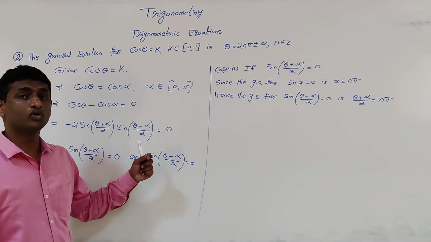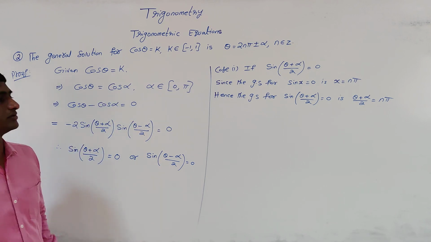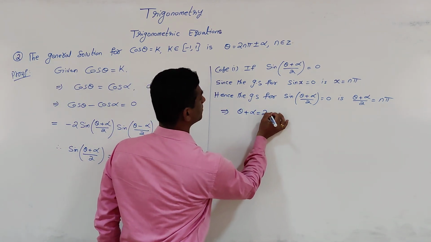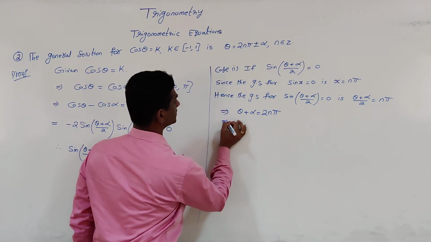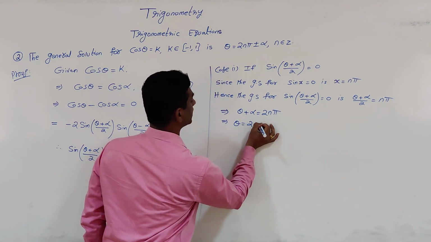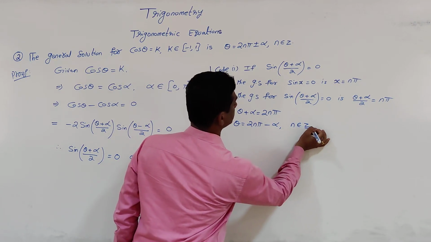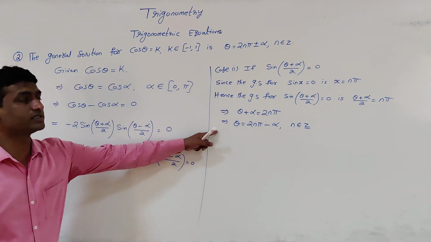But we require the general solution for theta. So solving, theta plus alpha is equal to 2n pi, which implies theta is equal to 2n pi minus alpha, where n belongs to the integers. So this is case 1.